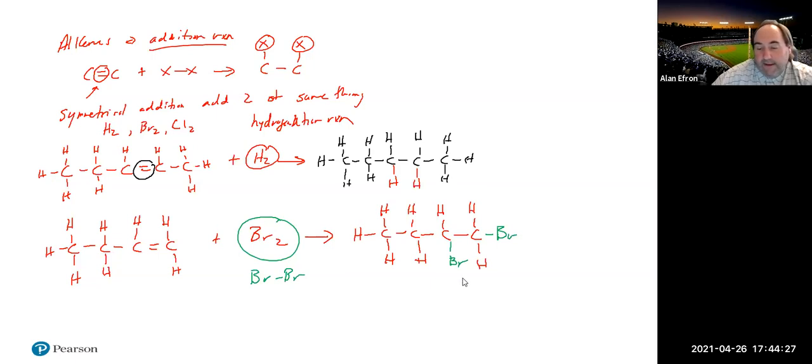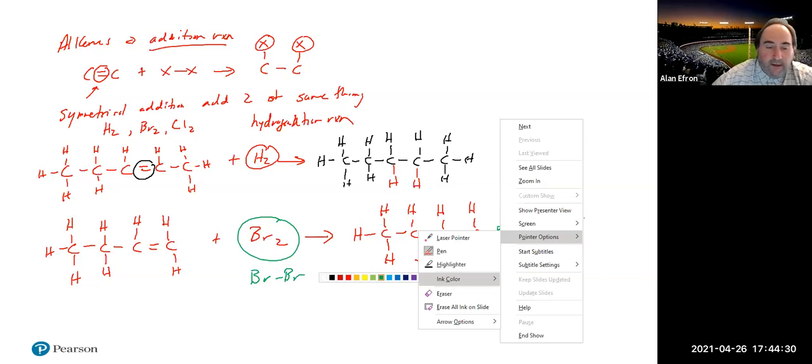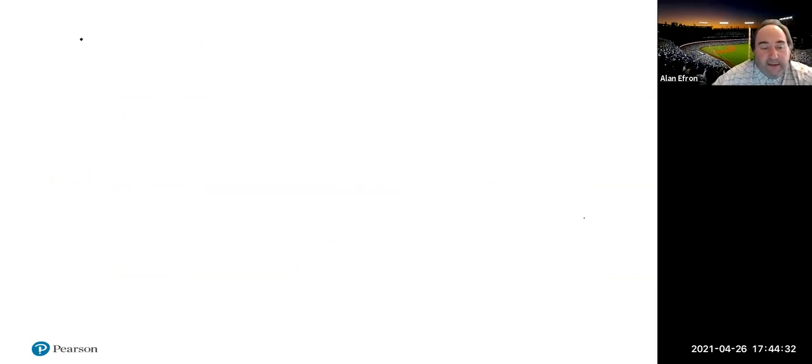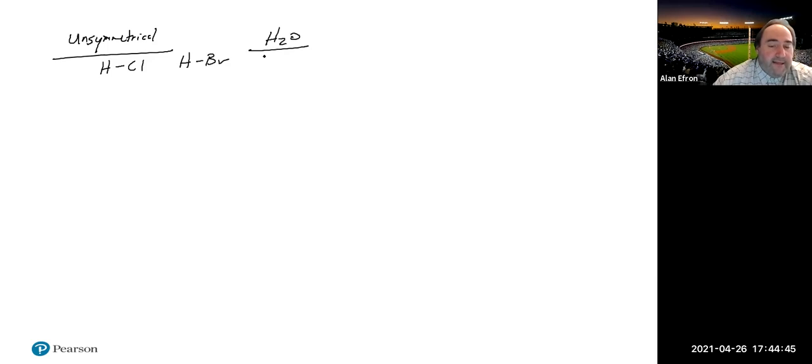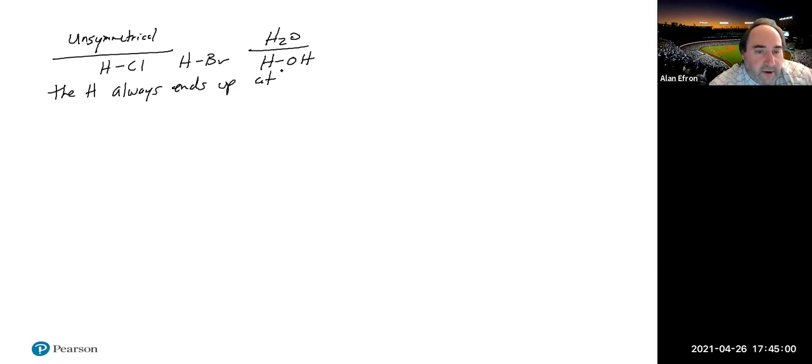Now, we also talked about some additions that are sometimes referred to as being unsymmetrical. In an unsymmetrical addition, we add hydrogen and something else like HCl, HBr, and even water. And we think of water as H and OH. And in an unsymmetrical addition, the hydrogen always ends up at the carbon that started with the most hydrogens.